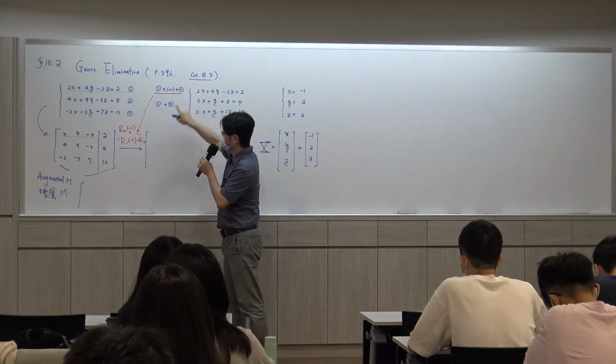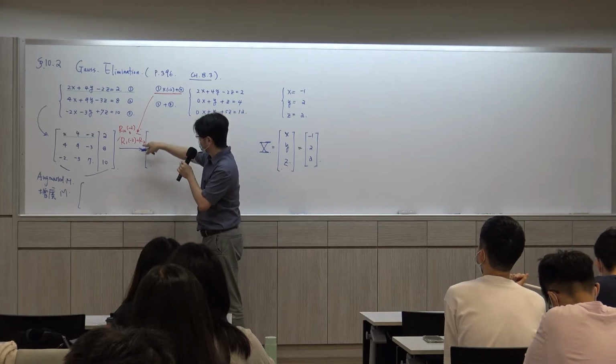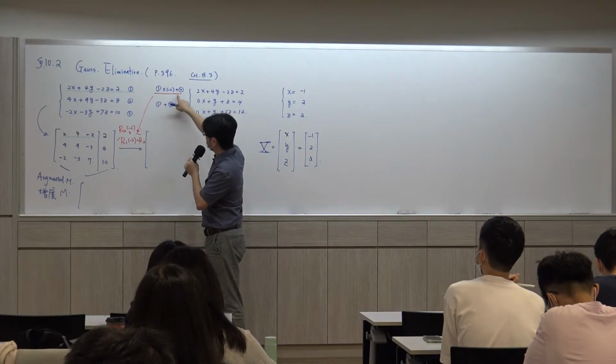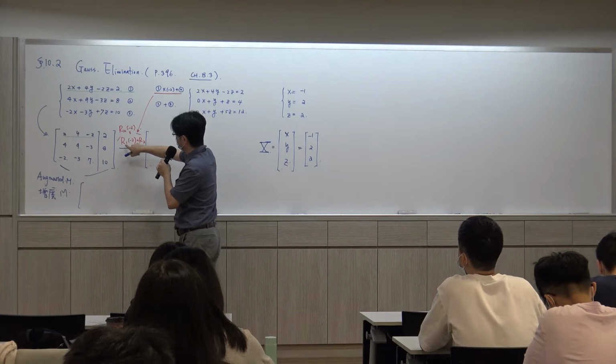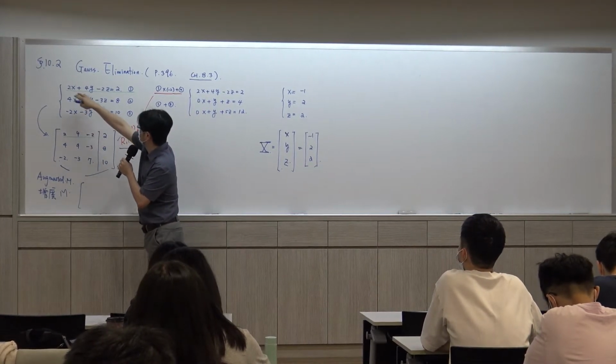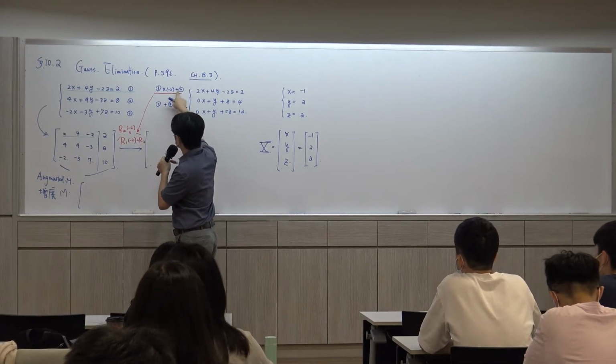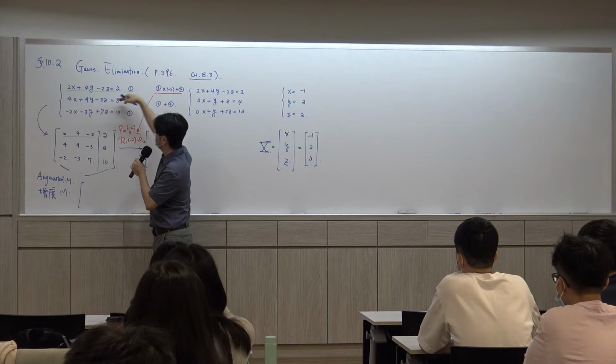The operation could be described with two descriptions. The first one is the first row times -2 plus the second row.